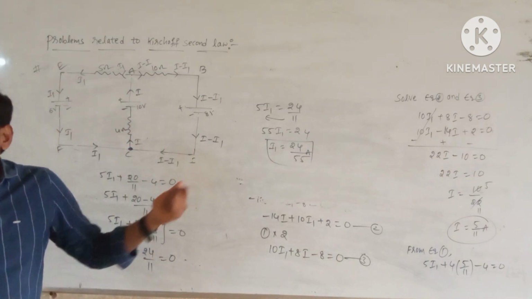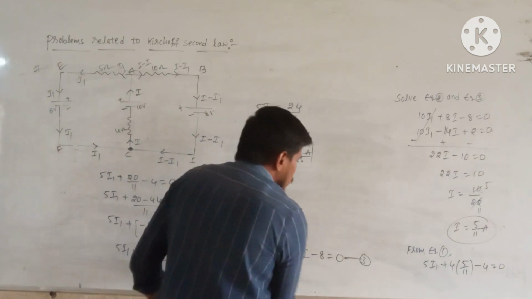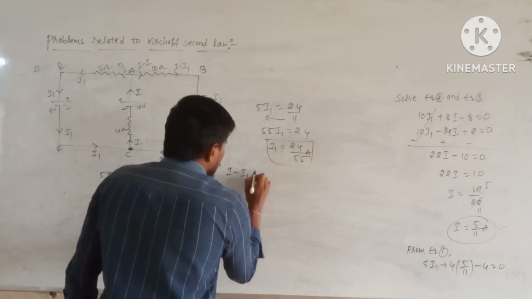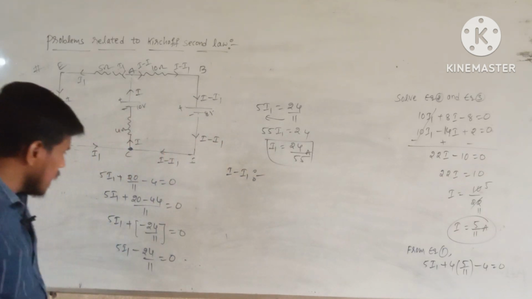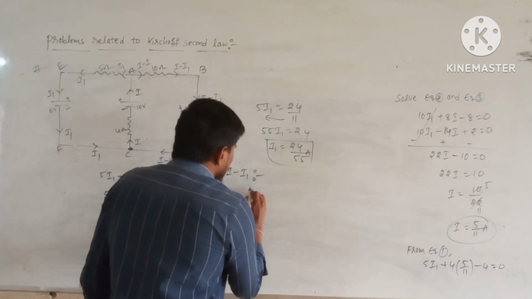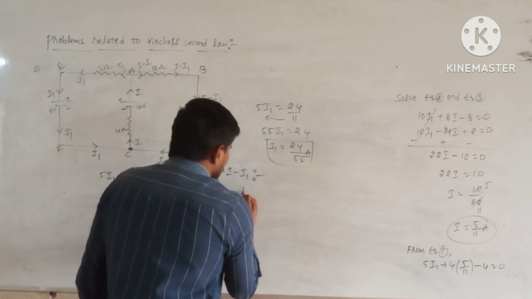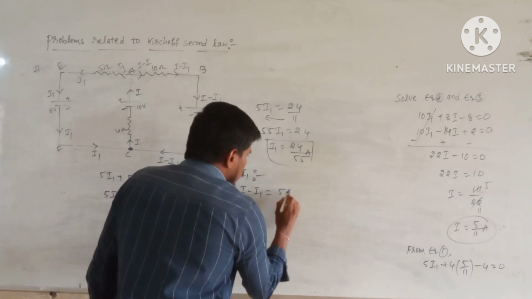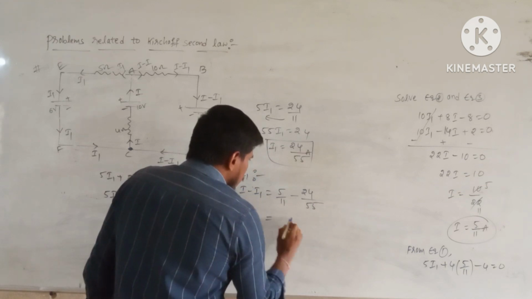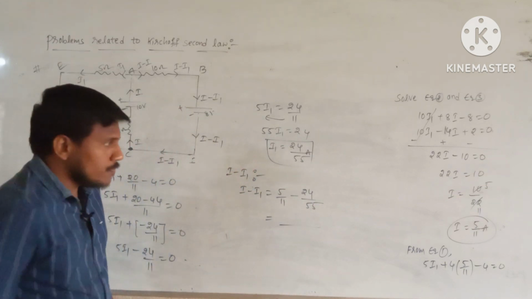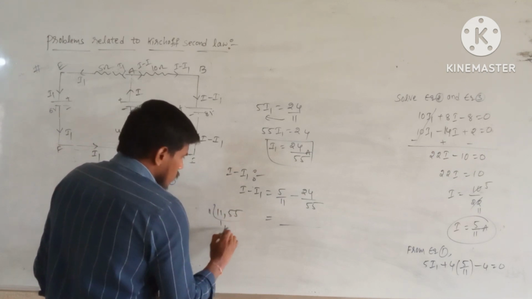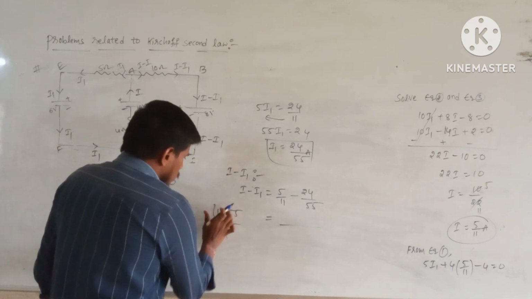Now I want to find I minus I1. How to find I minus I1? So what is I? 5 by 11. So I minus I1 is equal to 5 by 11 minus 24 by 55. What is the LCM? 55.